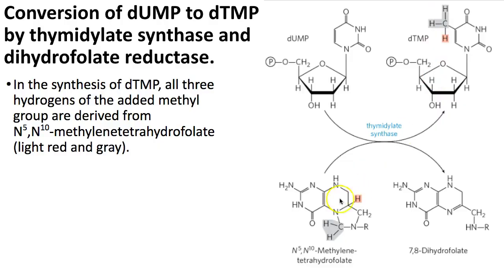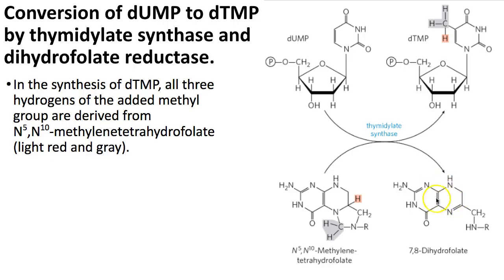So this is also a methyl donor. So don't confuse it with what we mentioned previously, using SAM as a methyl donor. This one is not using SAM. It's using the N5,N10-methylene tetrahydrofolate. This also ends up producing 7,8-dihydrofolate.